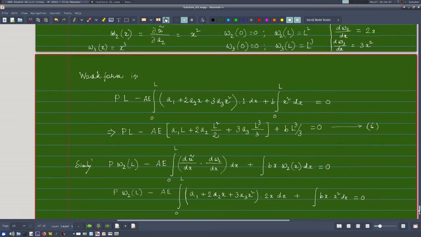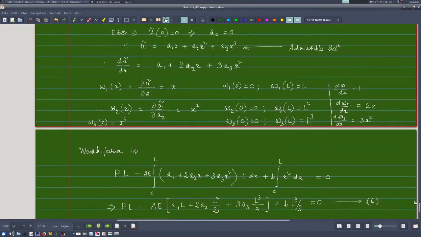Now we have already got w2(x) is x square, so dw2 dx is twice x. Similarly, w3 is x cube, so dw3 dx is thrice x square. That will be needed in the next equation.